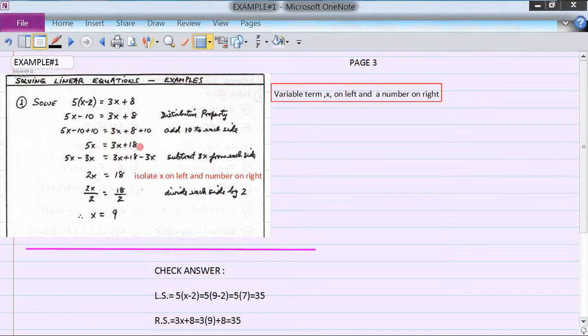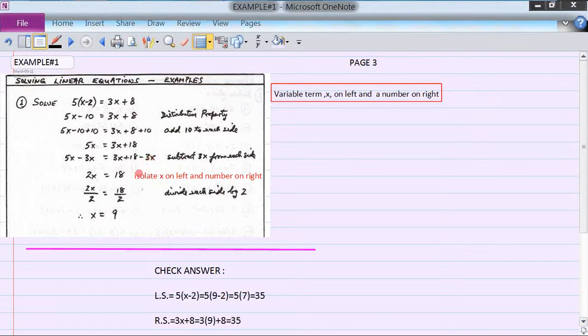Now I've got a problem here in that what I have is a variable term here and a variable term here. We do not want a variable term on the right side. We only want it on the left side. So what I'm going to do is subtract 3x from the right side.